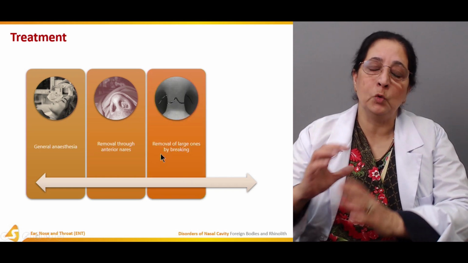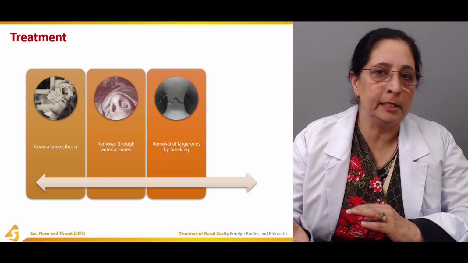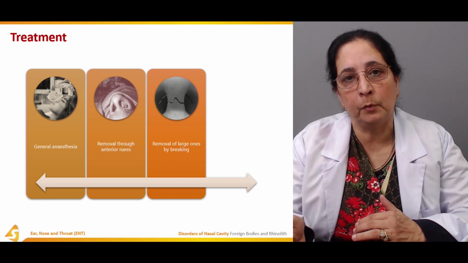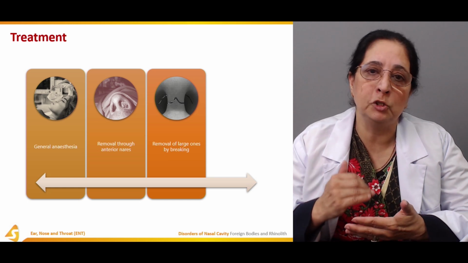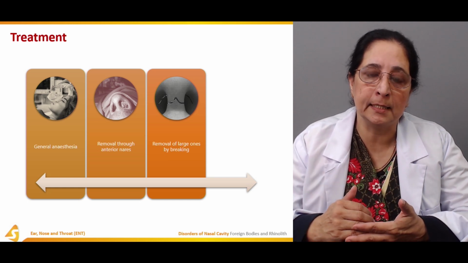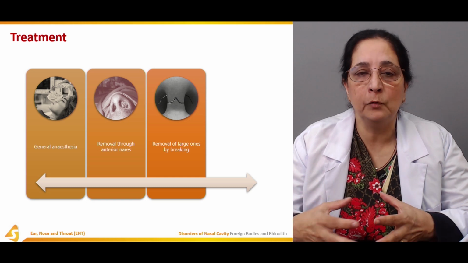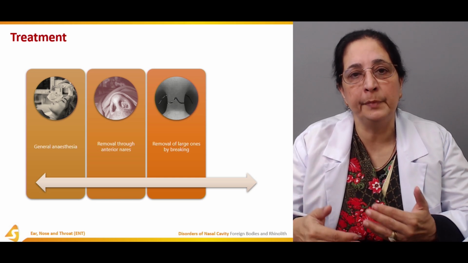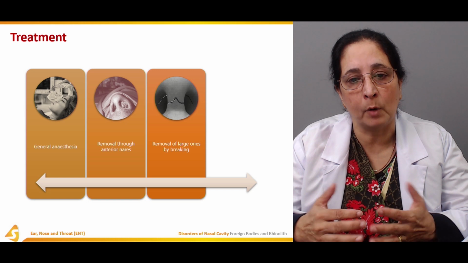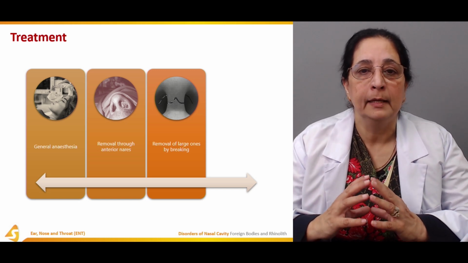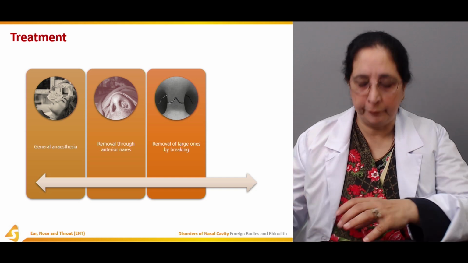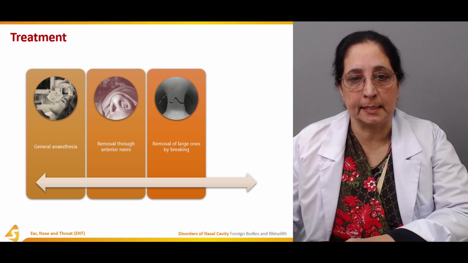If the stones are big enough, as with a stone in any other part of the body, big stones are broken down into smaller pieces and then removed one by one. Similarly, if the rhinolith is big enough, it is removed by breaking into smaller pieces.